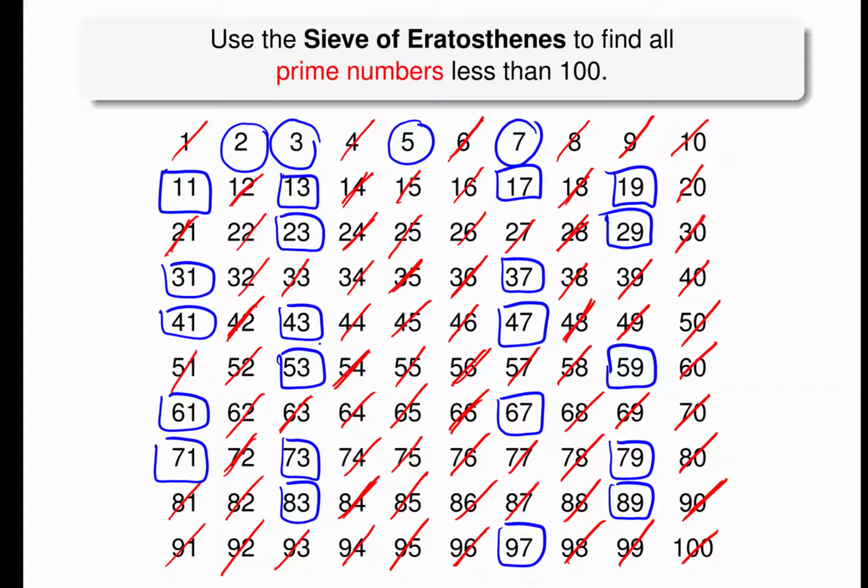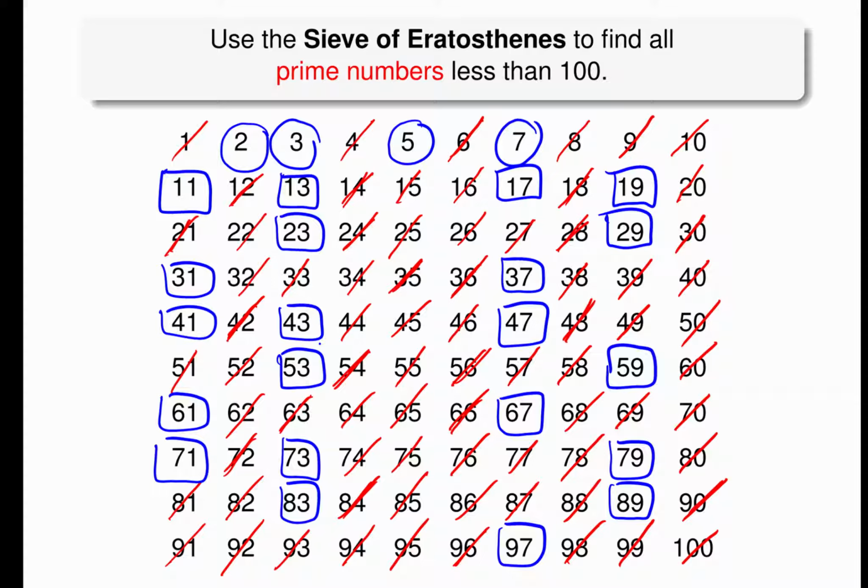Coming back to our list, if any of these numbers remaining larger than 10 is not prime, then it must be divisible by a number smaller than 10, a number between 2 and 9. But we've already crossed out all the multiples of these numbers, so that's not possible. This means all the remaining numbers are actually prime.